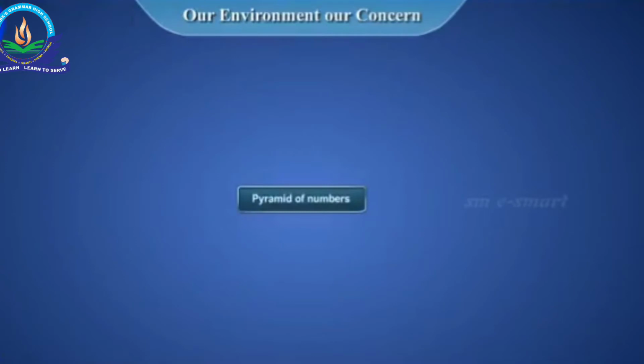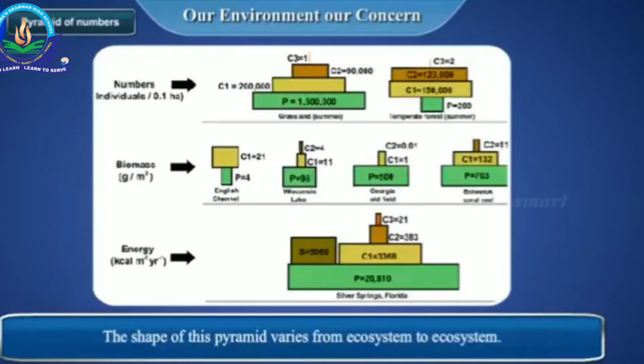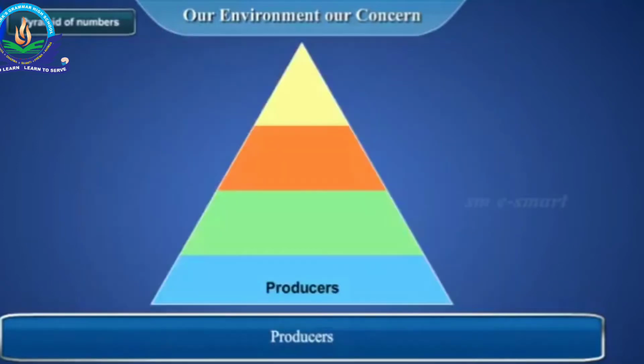Pyramid of numbers. Pyramid of number is a graphical representation designed to show the number of organisms at each trophic level in a given ecosystem. The shape of this pyramid varies from ecosystem to ecosystem.